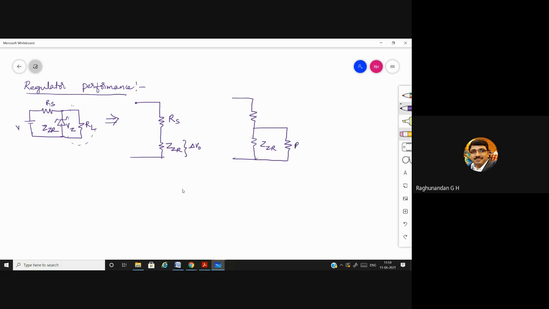So this is RL and this is RS and this is delta V in. Here also it is delta V in. Now this is the regulator simplified circuit without load resistance. This is with load resistance.